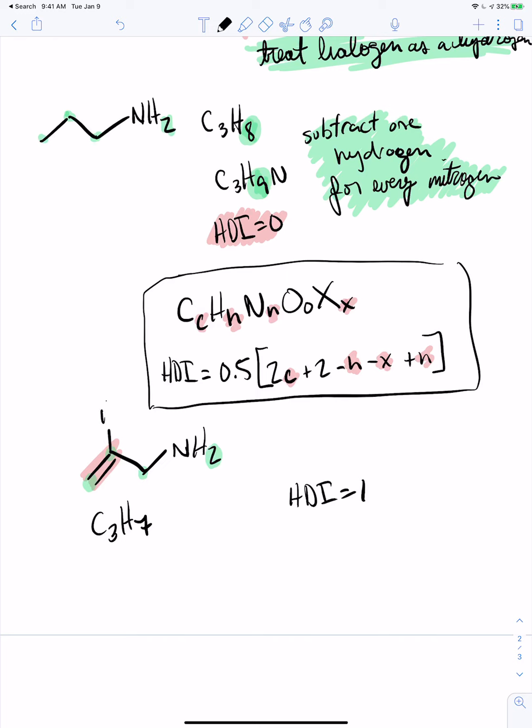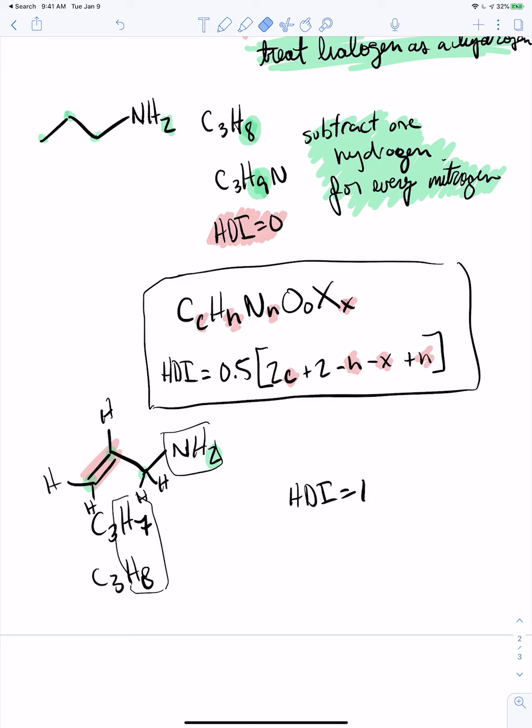I accidentally counted this as more than 1 hydrogen. I'll go ahead and draw them in since I made a mistake. So 1, 2, 3, 4, 5, 6, 7. Okay, so we could compare that to the parent chain, which is C3H8, and we'd say, well, this is weird. We'd have half a hydrogen deficiency index. How's that happening? Oh, wait.